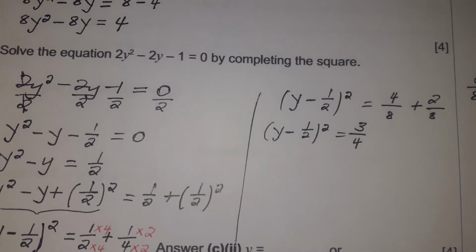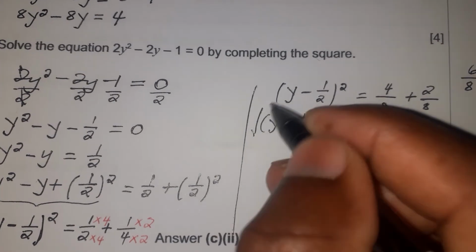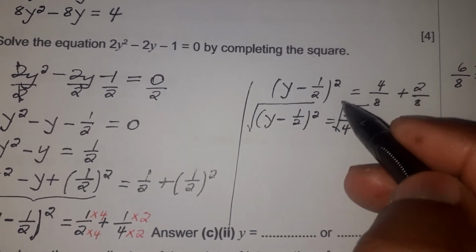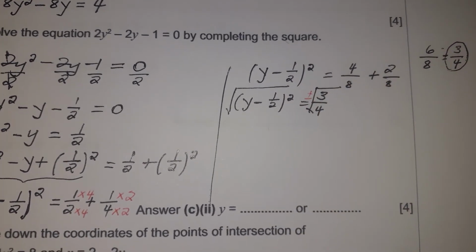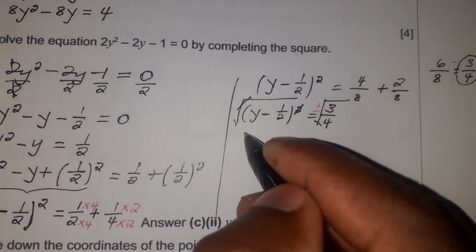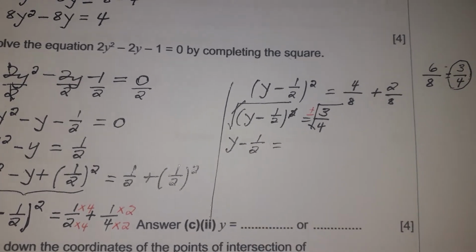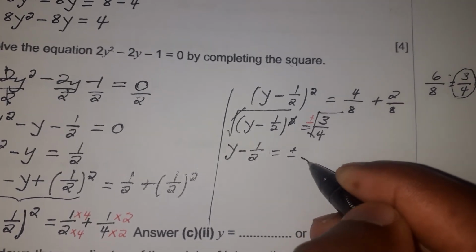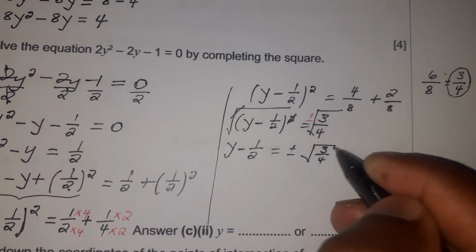Now what we need to do here is take the square root on both sides. This side we should have plus minus, then the square root, and that's where it will cancel. Then we only have y minus 1 over 2 equal to, this side we have plus minus the square root of 3 over 4.